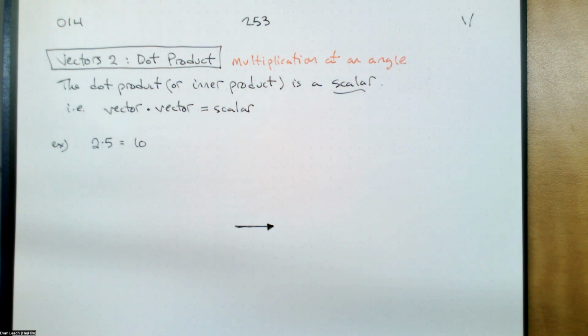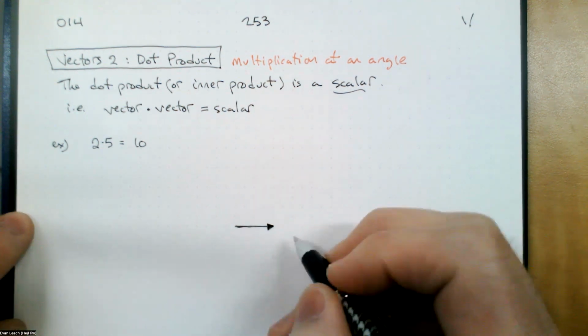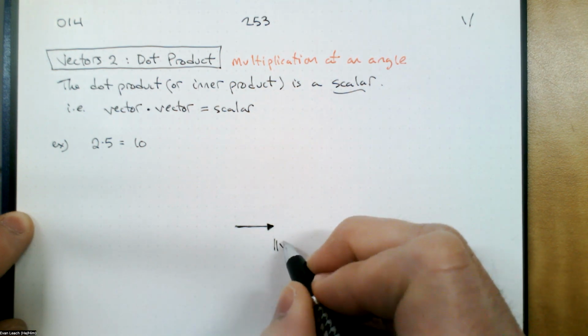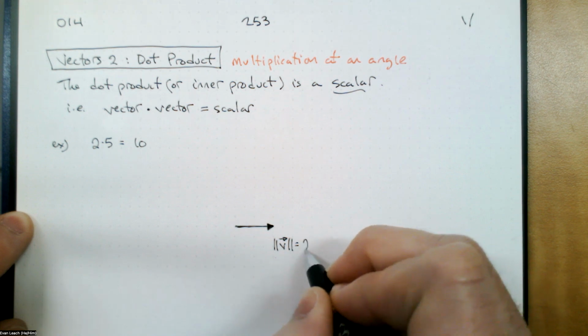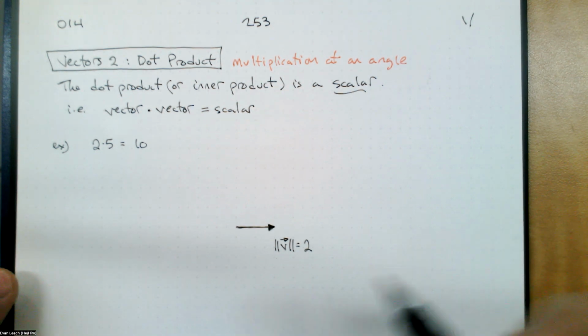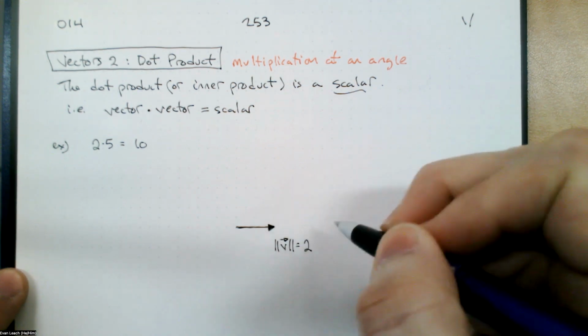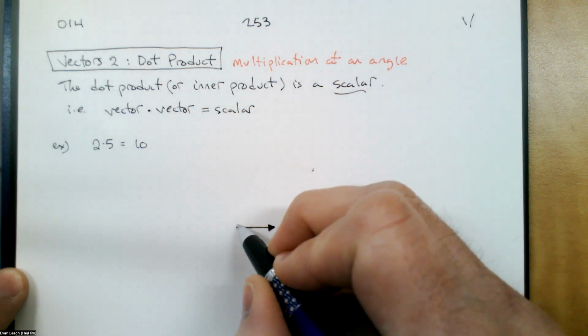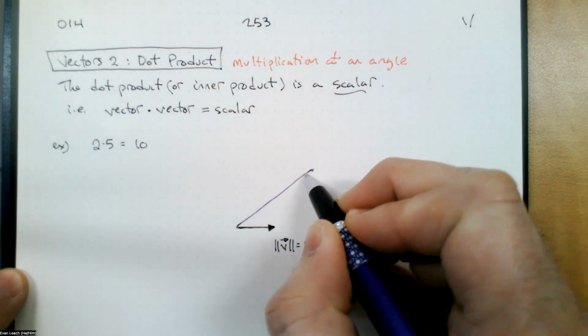So here I have a magnitude of 2. I'm going to multiply this 2 by a 5, but the 5 is not going to be going in the same direction as the 2. I'm going to put the 5 in the direction of 3, say 4. So instead of my 5 going in the same direction as the 2, this is my 5.